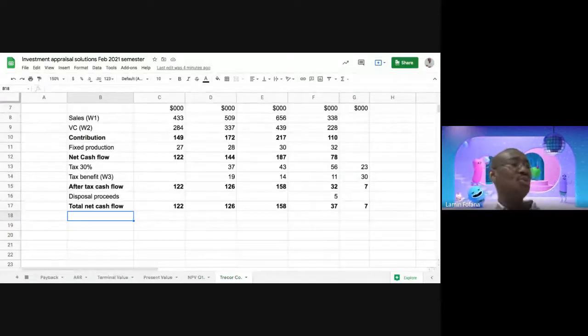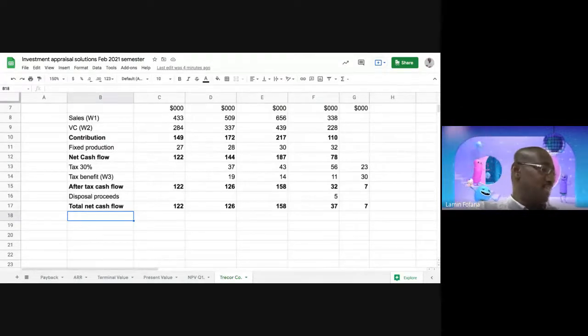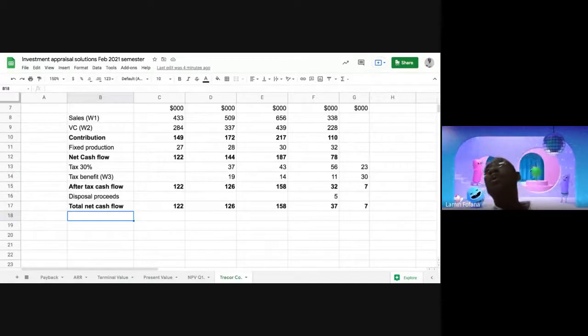It says 1 plus nominal rate equals 1 plus real rate multiplied by 1 plus inflation rate. So we're going to use the Fisher effect to do it.